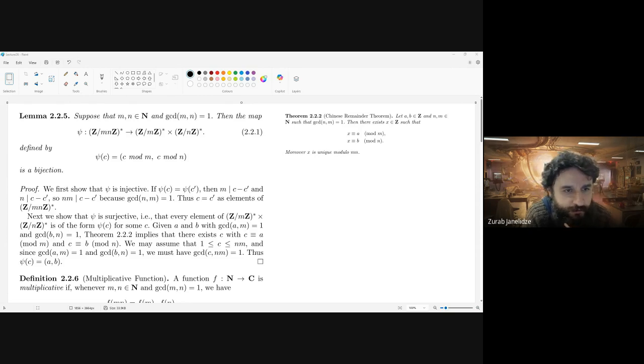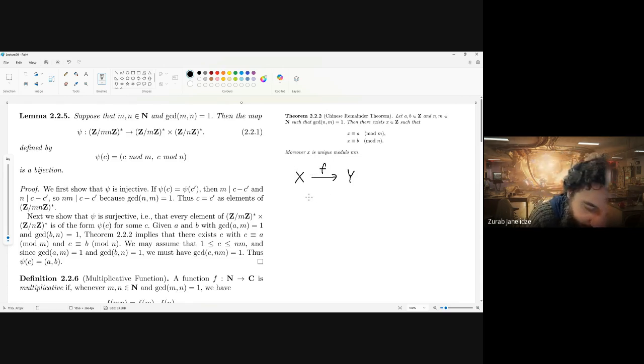In the lemma, you will notice some familiar objects, but perhaps the concept of bijection is something that we want to recall, since this is probably the first time in our course that we encountered this concept. When you have two sets, let's say X and Y, a function f between them is said to be bijective when it has the following two properties.